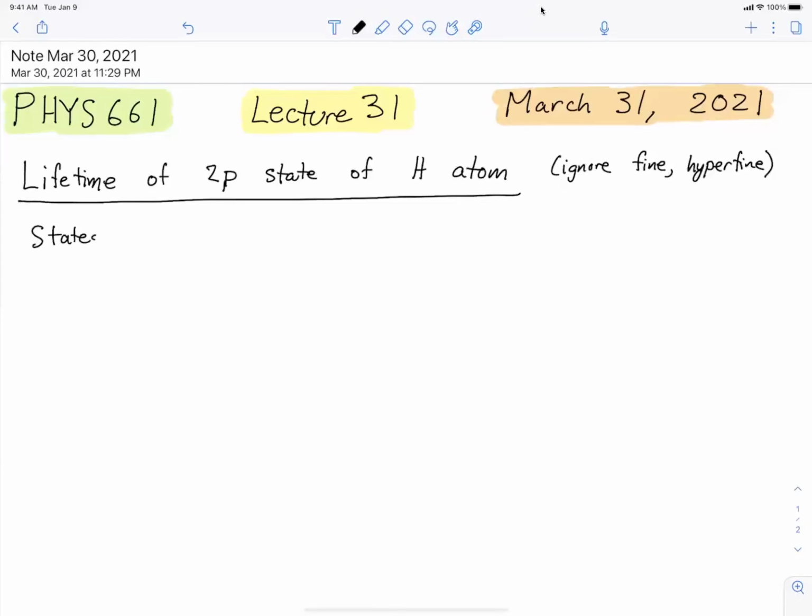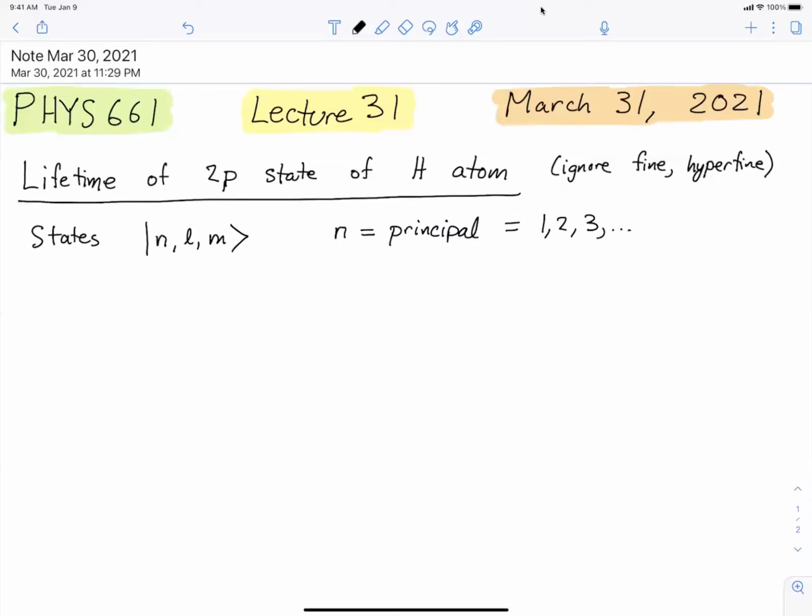So the relevant states of the hydrogen atom, you should recall, are labeled by 3 integers, n, l, and m. N is the principal quantum number. You should think of it as having to do with the radial excitations of the electron in the hydrogen atom. And it can be 1 or any higher integer. It's important that it can't be 0.